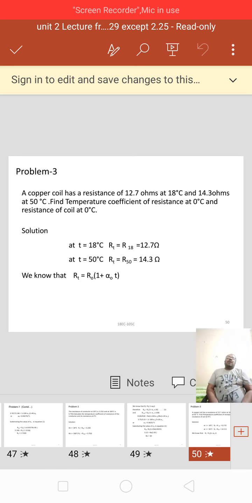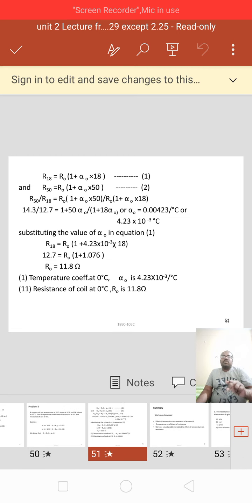We know that RT equal to R naught into 1 plus alpha naught into T. That is R18 equal to R naught into 1 plus alpha naught into 18, taken as the first equation, and R50 equal to R naught into 1 plus alpha naught into 50, taken as the second equation.